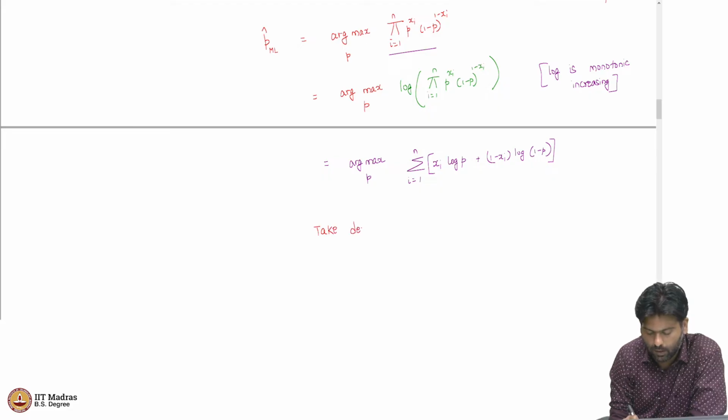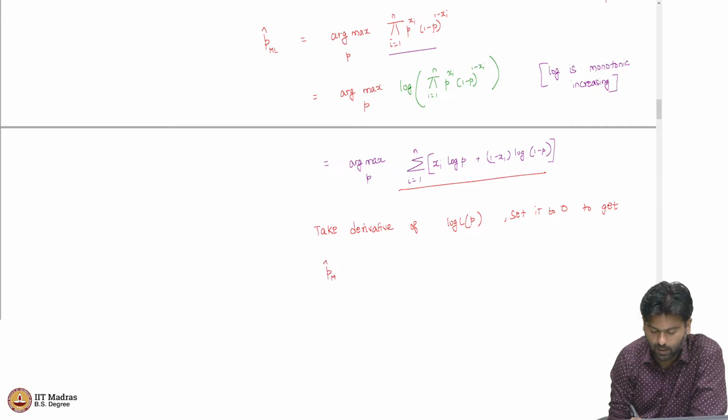Take the derivative of this function, treating it as a function of p, the derivative of log L of p, the log likelihood function, and set it to 0, to get our guess p hat ML as 1 over n, sum over i equals 1 to n of xi.